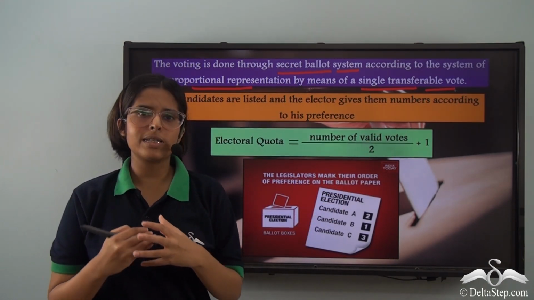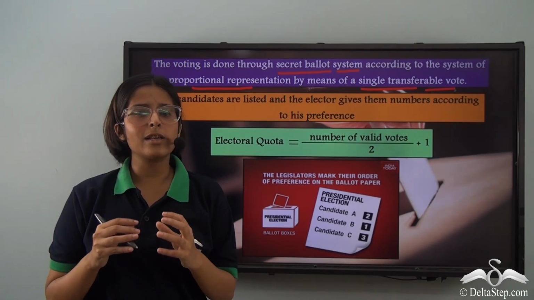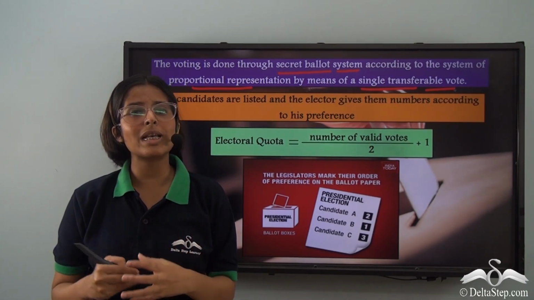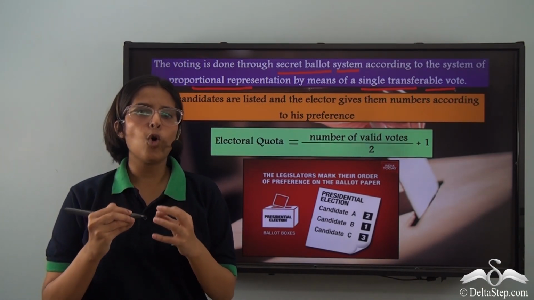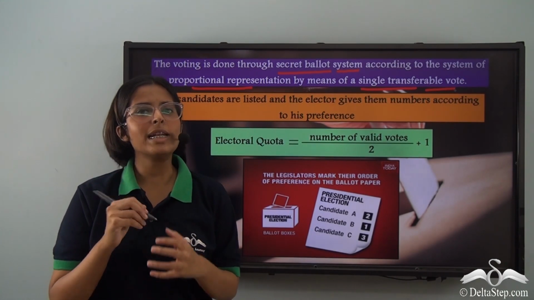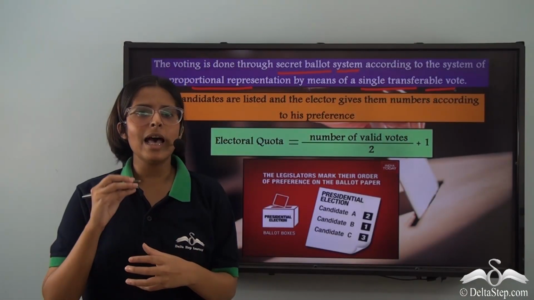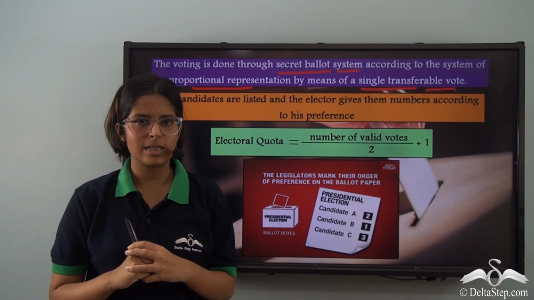So in a ballot system, what happens is that the electors are given a sheet of paper which is known as the ballot paper. And in this sheet, the names of all the candidates who are standing for the position are already listed. The electors have to mark their preferences in numerals in those sheets.